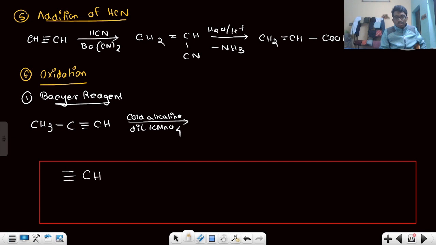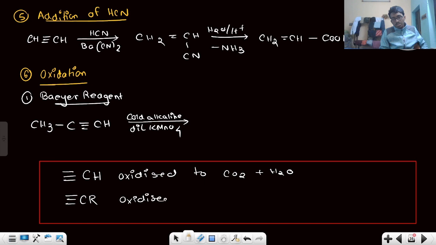If there is ≡CH, it is oxidized to CO2 and water. And if there is ≡CR, then that is oxidized to RCOOH.